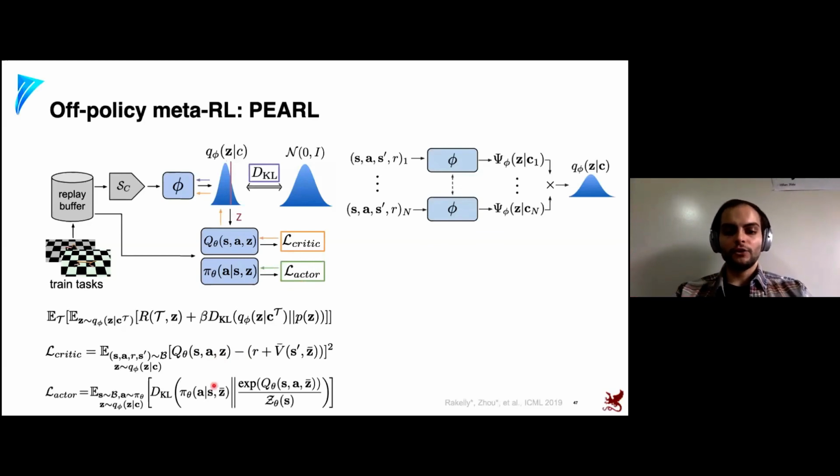If you use the soft actor critic approach, or the soft Q learning approach, these two functions, Q and pi, will be coupled. As I showed in one of the previous lectures, they are mathematically related to each other. So you will essentially be alternating between optimizing these two objective functions with respect to theta, which parameterizes Q and pi, and phi, which is the parameters of the task inference network.